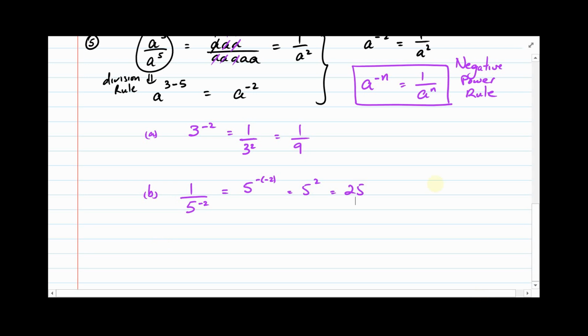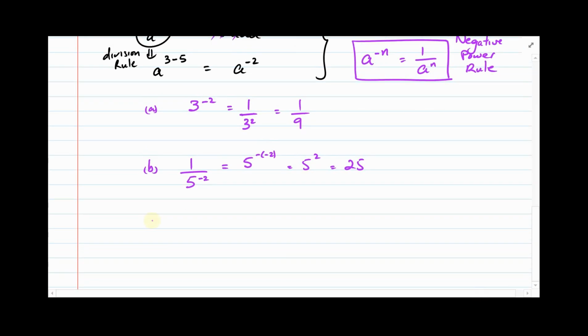So looking at this negative power rule, if we just spend a little time and look at some examples, if I had x squared, y to the negative 3, and z to the negative 4, I should look at those items that have a negative power, right?